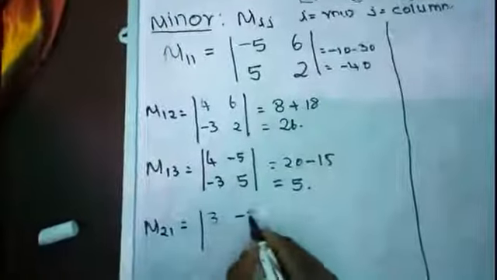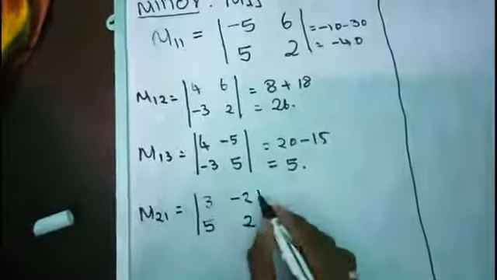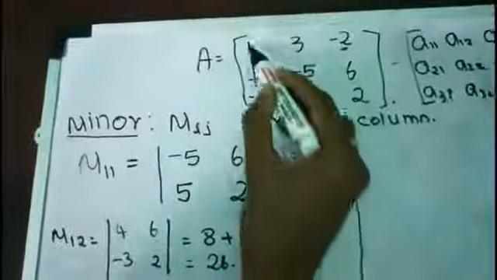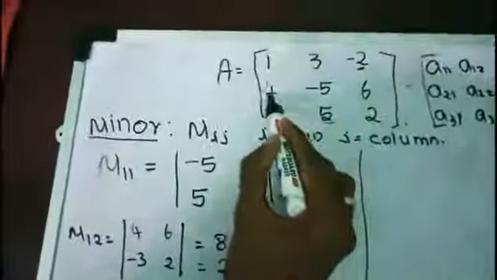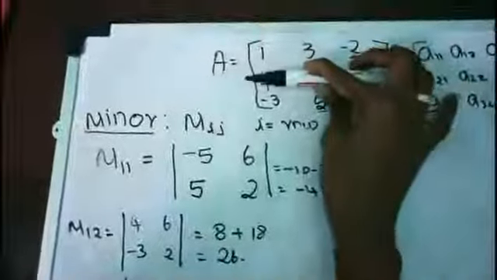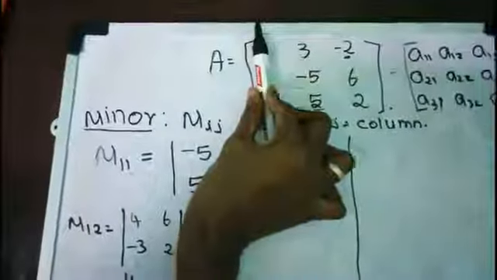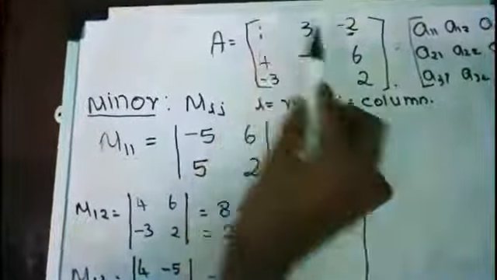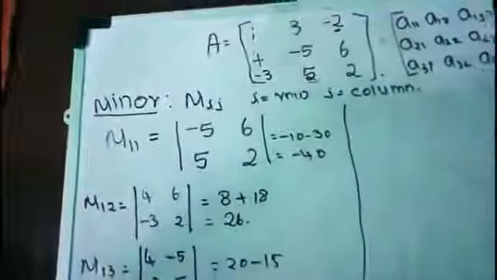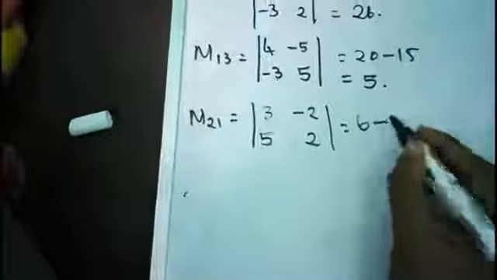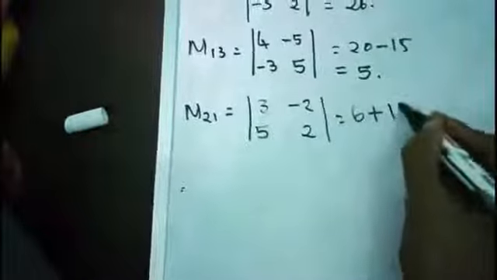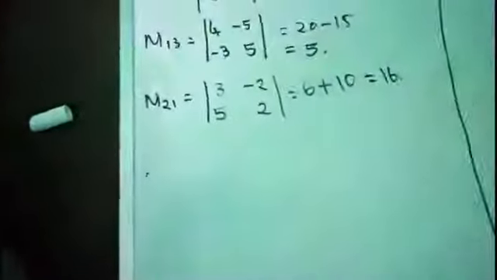So we have to find the minor of 4. Just 3 minus 2, 5 2 remains. So 3 into 2 is 6, minus into minus plus 5 into 2 is 10, which is equal to 16.